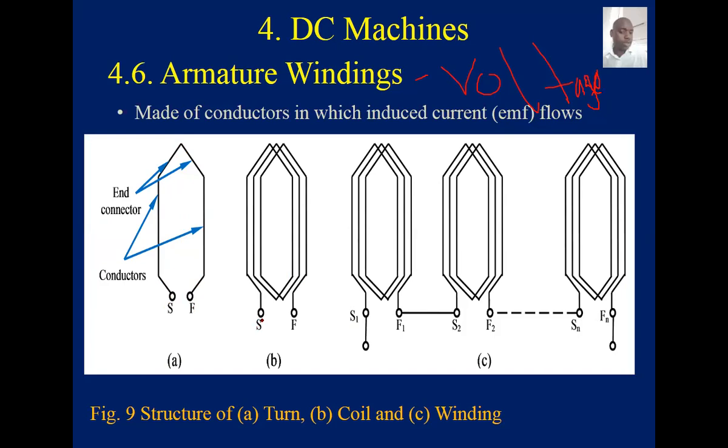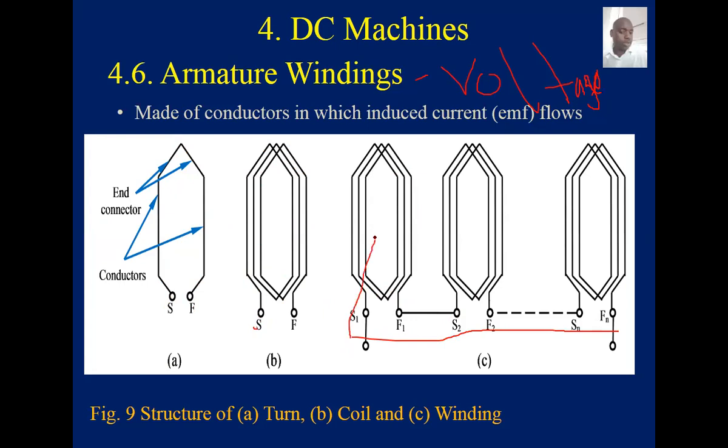Then this becomes a coil with more turns to make up one coil. And then when the coils are connected one after another, they produce a winding.